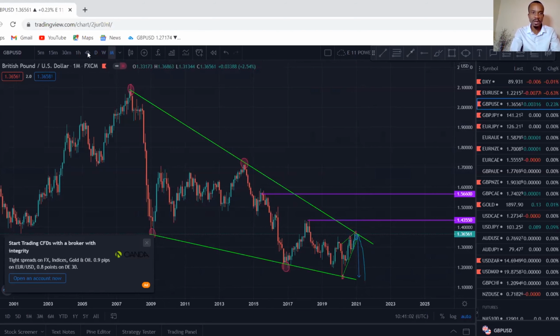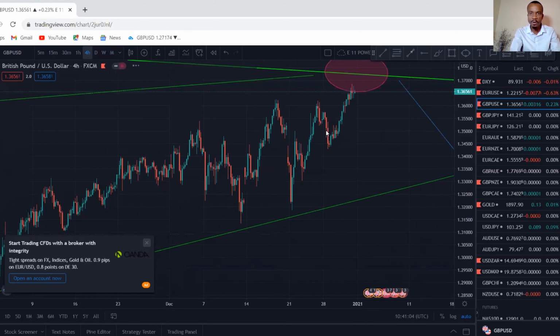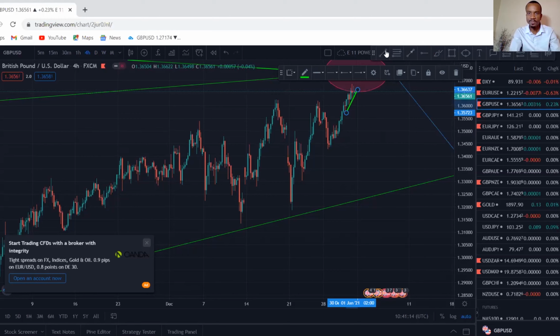So let's go to a 4-hour time frame. On a 4-hour time frame, as you can take a look here, look at how price is moving. Price is moving to the upside, in this channel here.